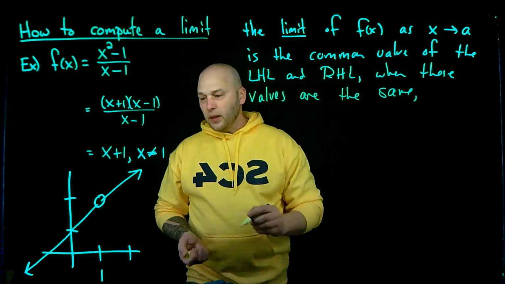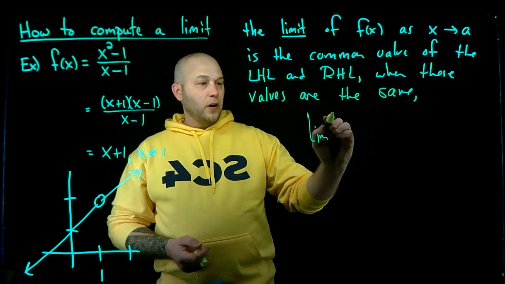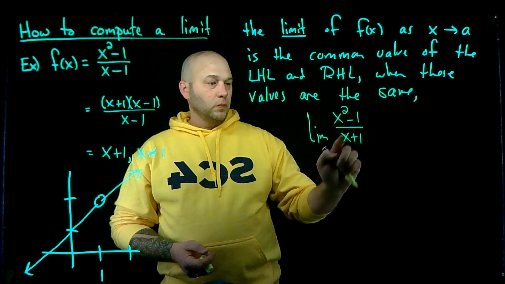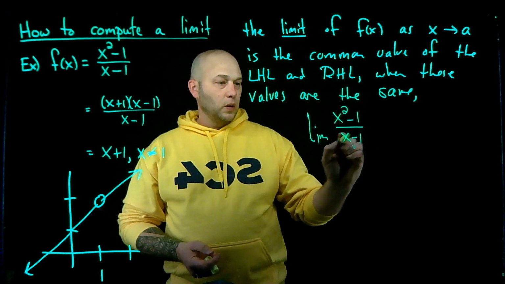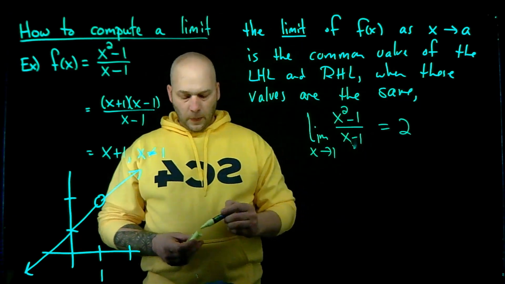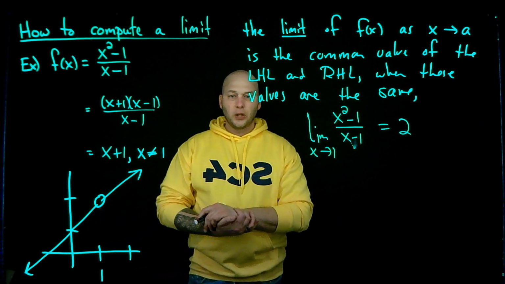And the way we write that, of course, is the limit of that function as x approaches 1 is equal to 2. Now, the way we were able to come up with that is by graphing the function.